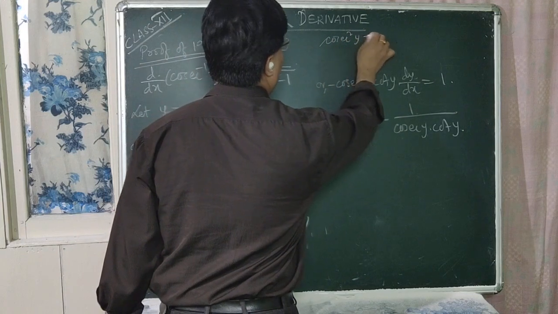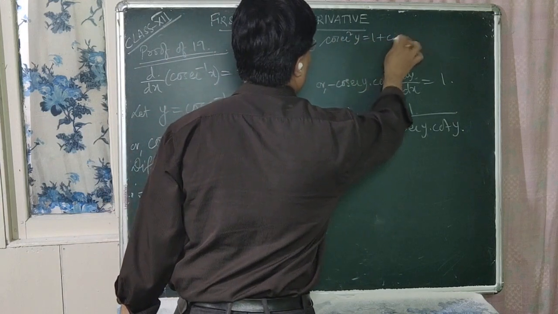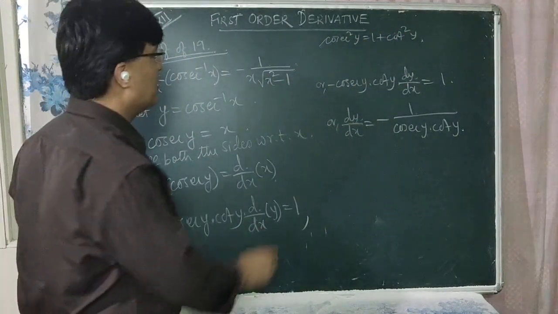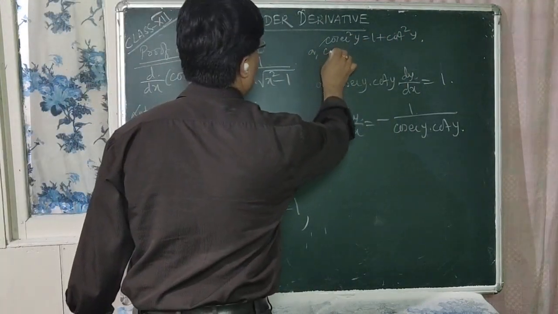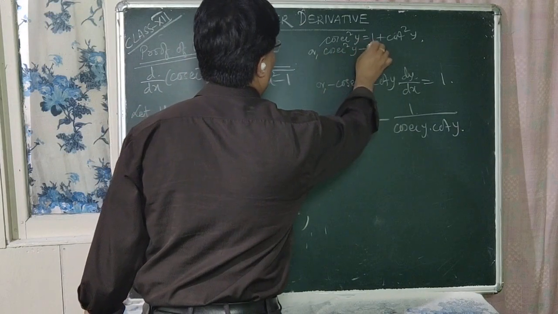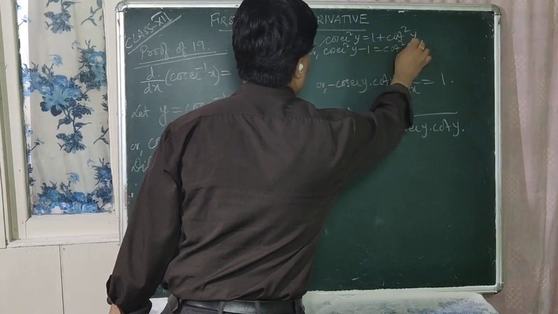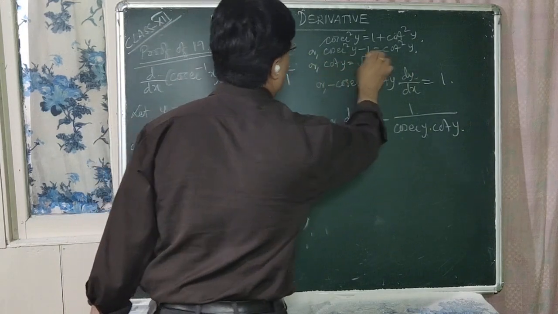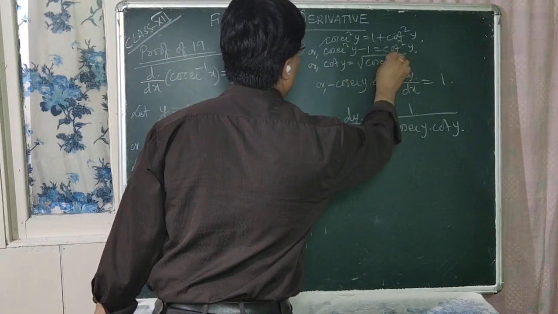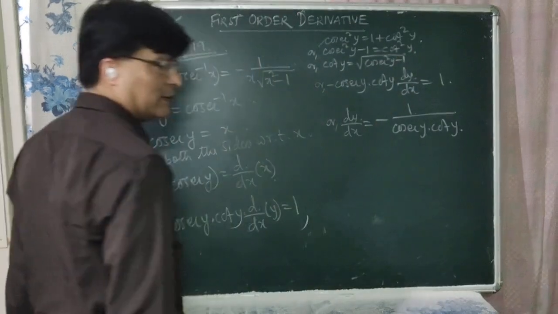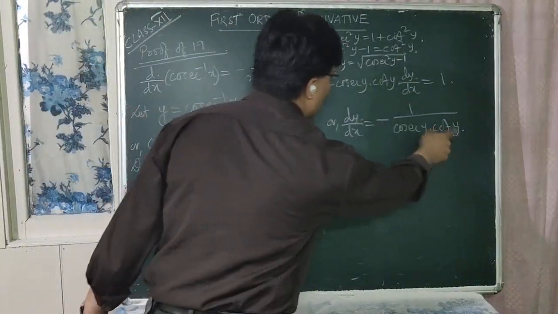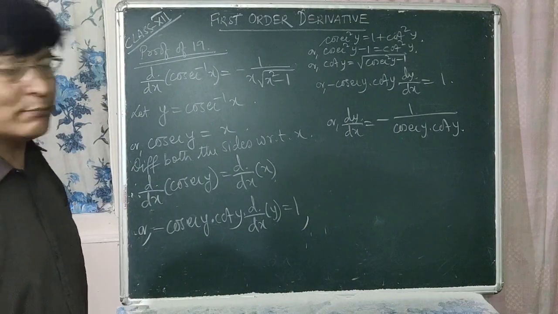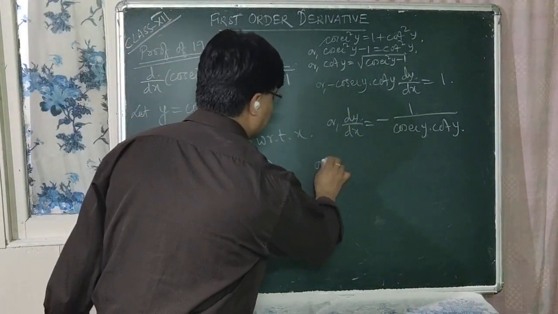Cosec square y is equal to 1 plus cot square y. You know it from class 10, isn't it? Or cosec square y minus 1 is equal to cot square y. Or what is the value for cot y? It is root over cosec square y minus 1, right? So instead of cot y, we can write within square root cosec square y minus 1, right?